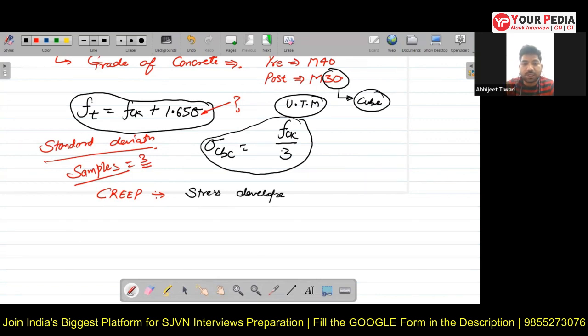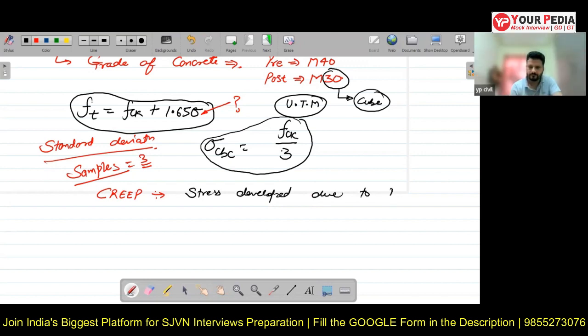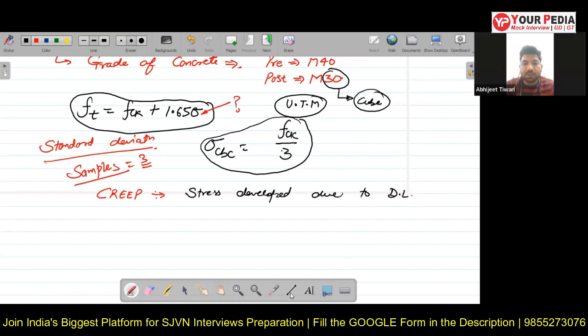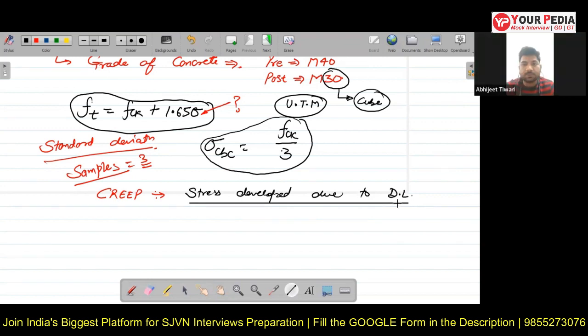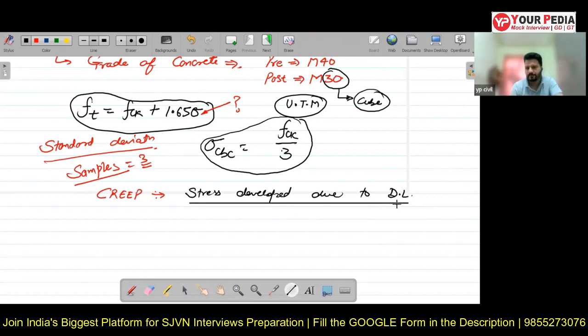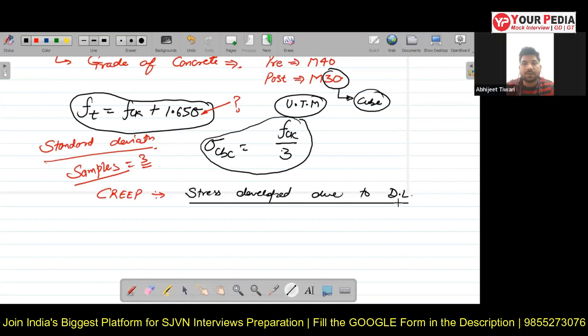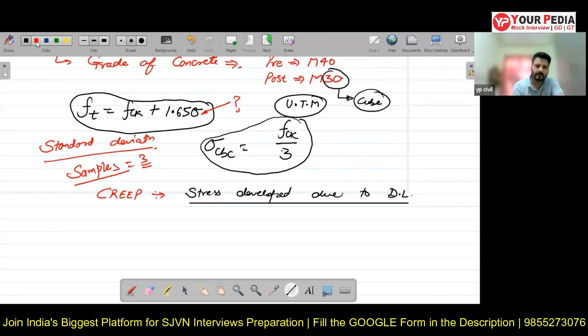Means the wear and tear that comes in the structure due to dead load over a period of time, we call it creep. So the stress developing due to dead load, you are saying that, right? Yes, sir. Creep is a kind of stress, or what do you think? Creep is a kind of strain, sir. Strain. It is defined as the strain deformation which is developed due to the dead load over a period of time. Anything else except this dead load? Any other load?